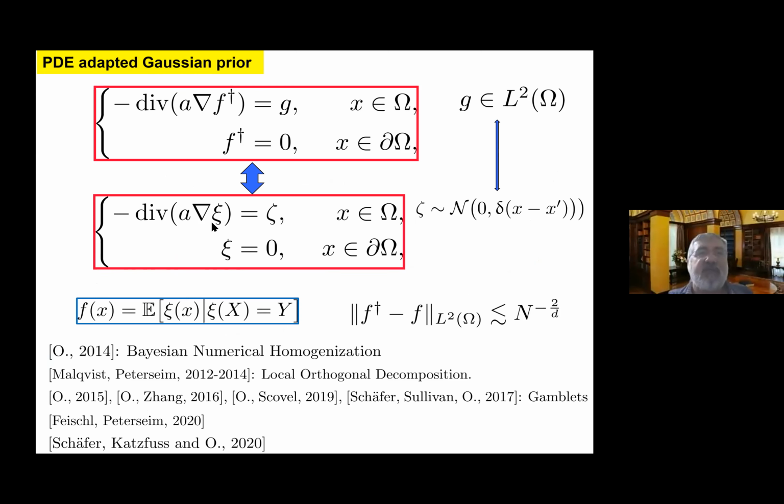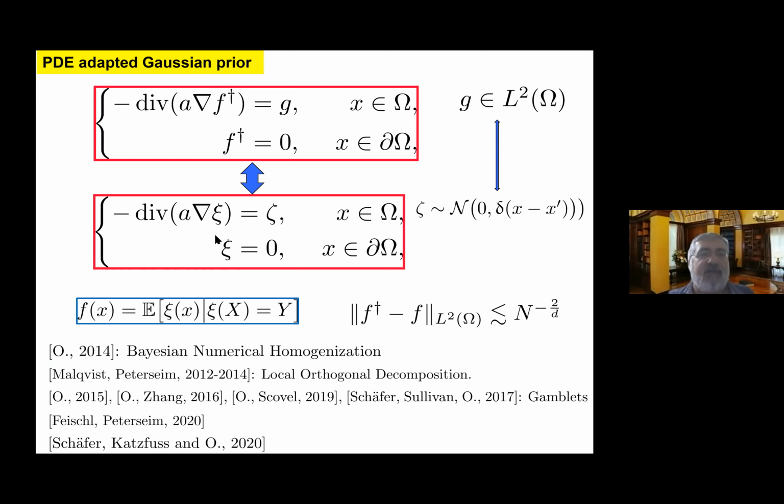This PDE-informed prior is obtained by replacing the unknown right-hand side of the PDE with white noise and using the resulting Gaussian process on the solution space as a prior containing the needed information about the macrostructure of the underlying PDE.